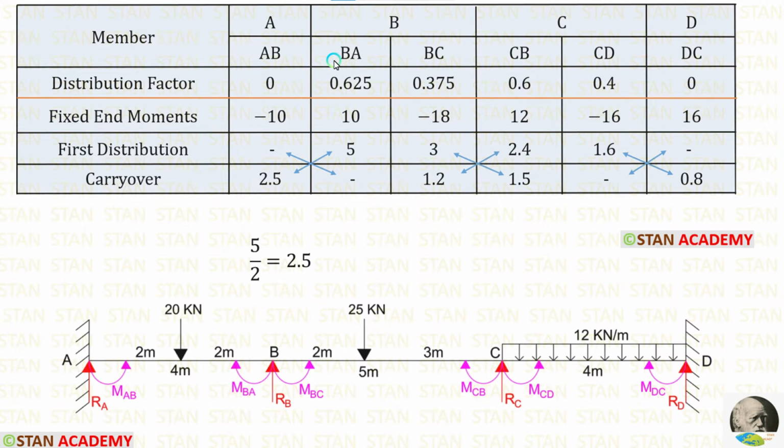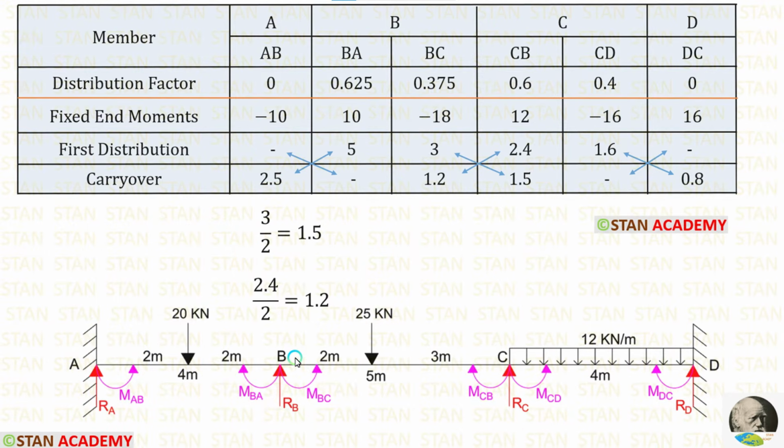Now, let us make the carryover from BA to AB. In BA, the distribution is 5. 5 upon 2, we will get 2.5. Now, let us do the carryover in the span BC.